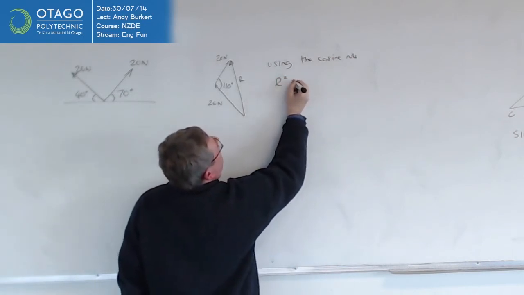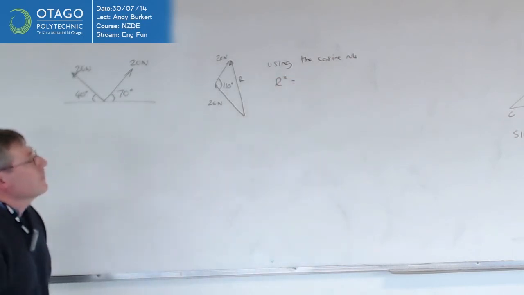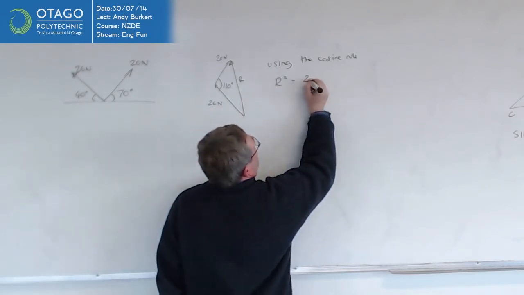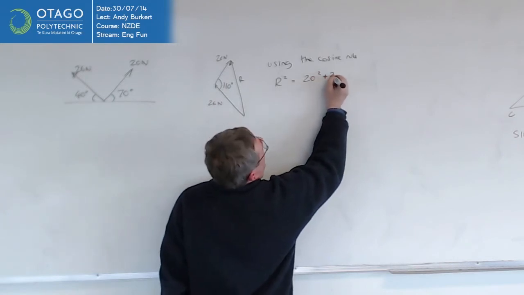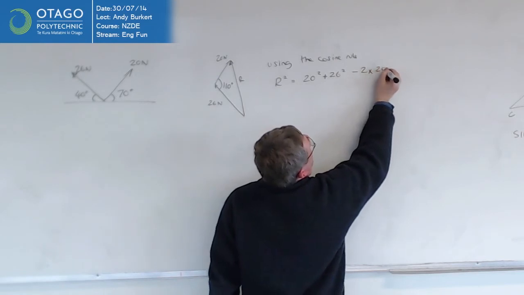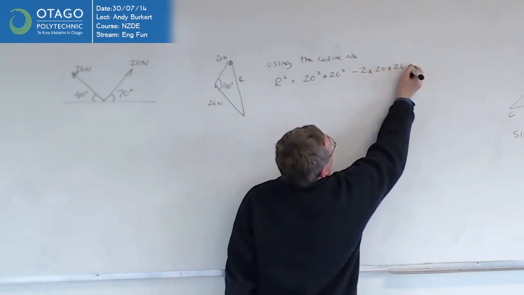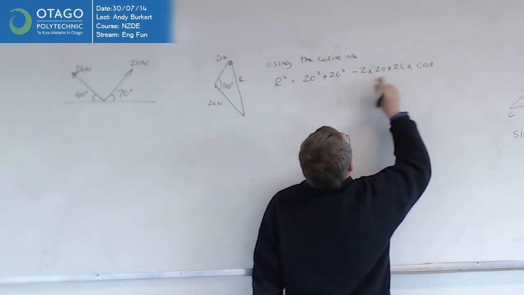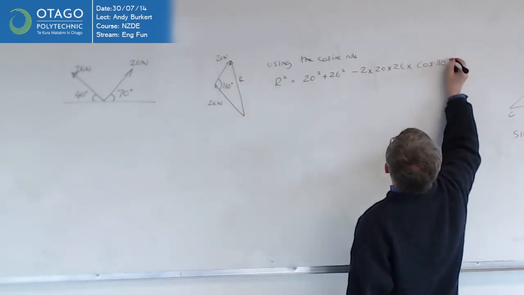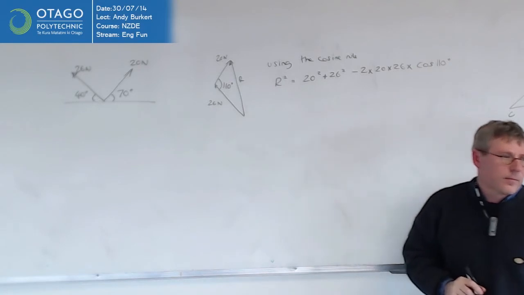R squared equals, so that's the one we're trying to find. So the cosine rule, we need the square of the other two added together. So it'll be 20 squared plus 26 squared minus 2 times 20 times 26 times the cosine of the angle opposite the side we're trying to find, so 110 degrees.